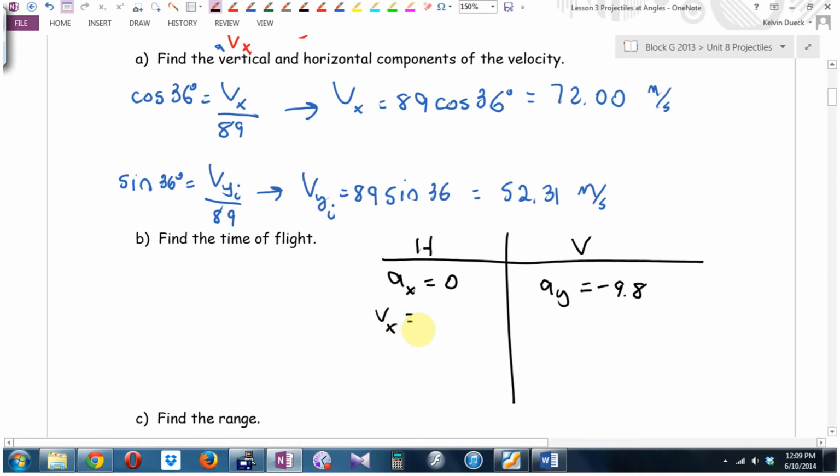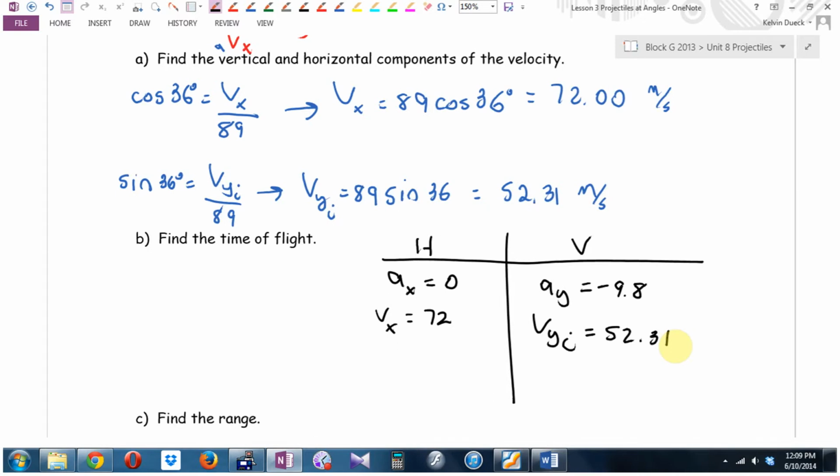I know Vy initial, not 0 like when we launched horizontally off of a cliff. What's Vy initial this time? How many pieces of information do I have on the left-hand side? 2. How many pieces of information do I have in the vertical column? 2. Not enough. What else do I know?